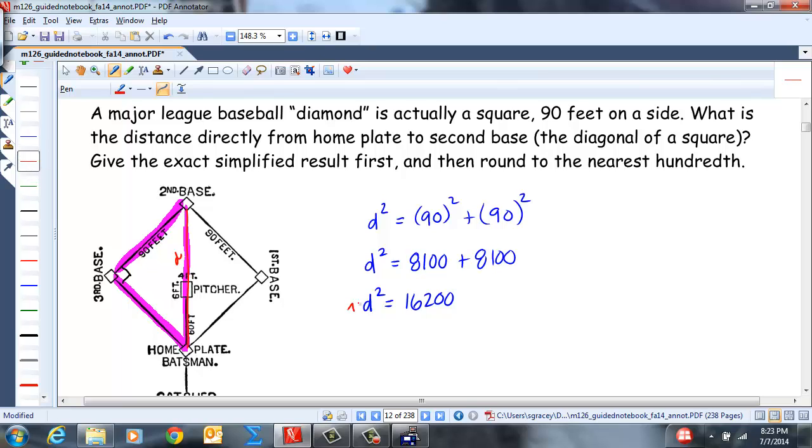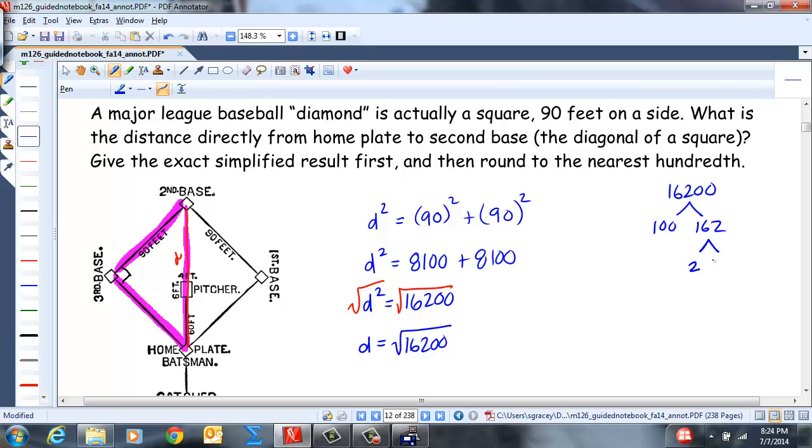And then when you square root both sides, you would get the distance. We'll just take the positive root. The distance is the square root of 16,200. Well, let's consider 16,200 since we need to get an exact result. I know for sure that that's equal to 100 times 162. And 100's a perfect square, so I'll stop on that one.